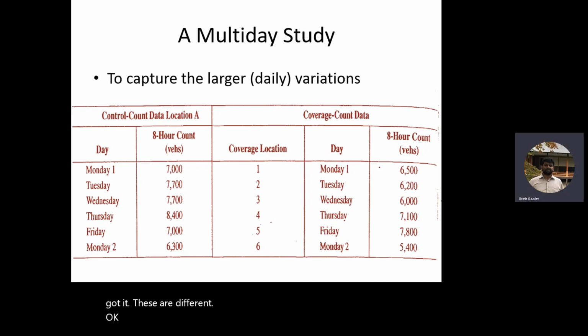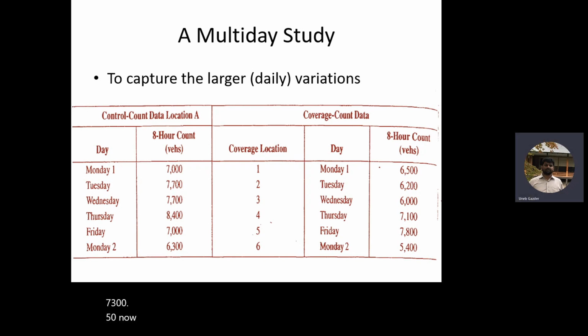Okay. First of all, let us calculate average for the control location. Simple. Give me the average. Now 6 values. We can calculate the average, no problem. $7,350.